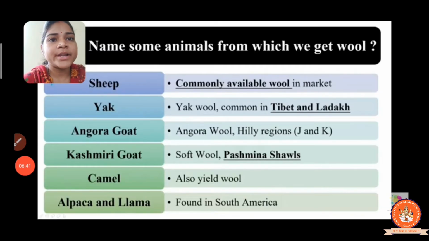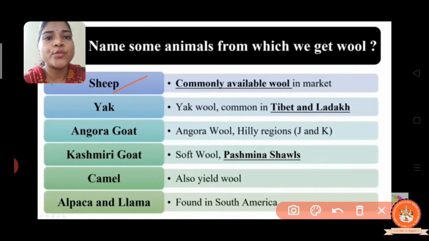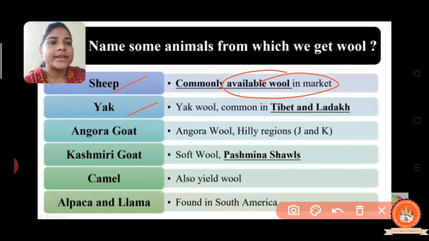So again we repeat, there are some animals and the places from where we get wool, right? From the sheep we get wool and it is commonly available in the market, and the yak is commonly found in Tibet and Ladakh.